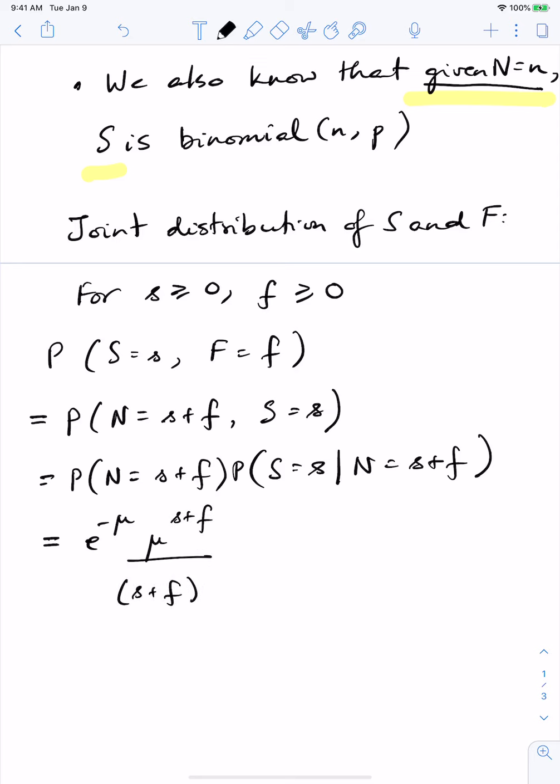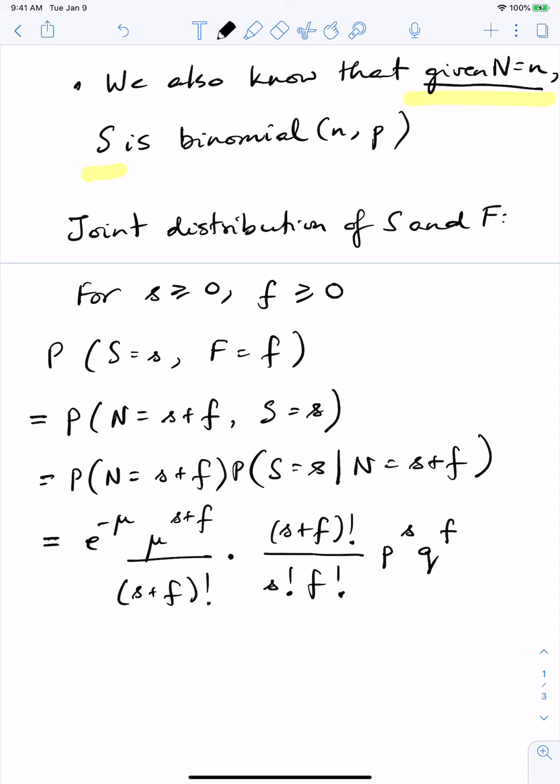All right, given that there were S plus F trials, what's the chance of S successes? Well, that's a binomial formula. Trials factorial divided by successes factorial, failures factorial, chance of success to the power number of successes, chance of failure to the power number of failures.